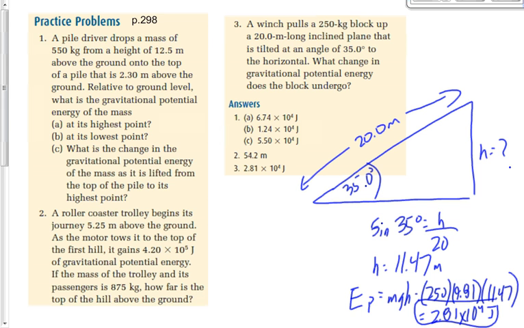So although I've technically found the final potential energy, it's the same as the change in potential energy, so we're good there, right? If we were given an initial potential energy, not of 0, but of 1 times 10 to the 4, would I add or subtract to get the change?